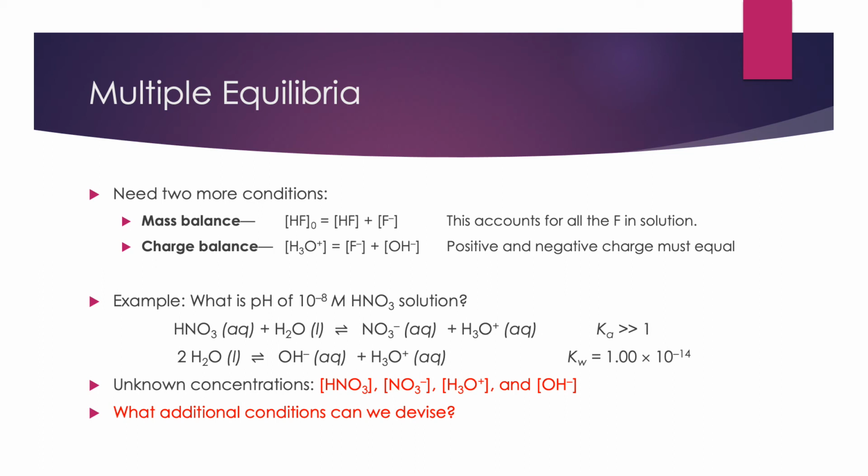Okay, well that's great. Now I'm going to go calculate what the pH is. As we learned in Module 5, the pH is just the negative of the exponent for the concentration of the hydronium ion. So if the concentration of the hydronium ion is 10 to the minus 8 molar, that means the pH would logically be 8. But now think about that.